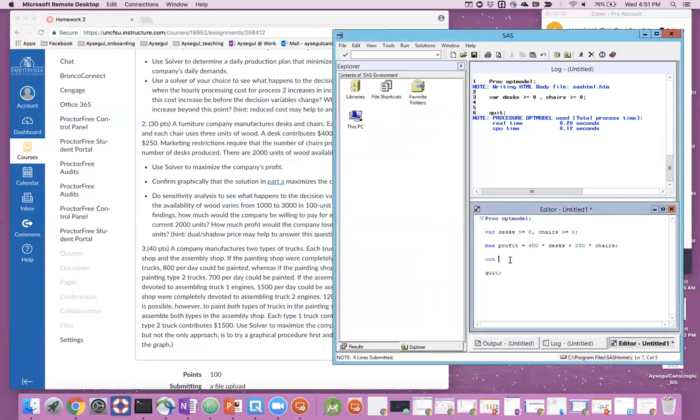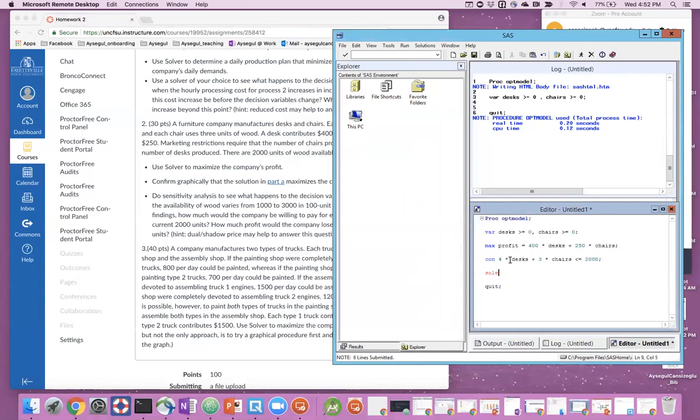So the total consumption by desks is 4 multiplied by desks, and for chairs it's 3 multiplied by chairs. And there's an availability constraint here: we cannot exceed 2,000 units, and that's it.